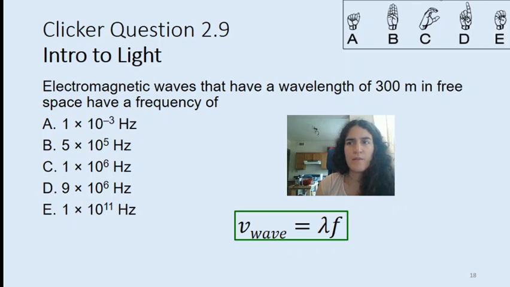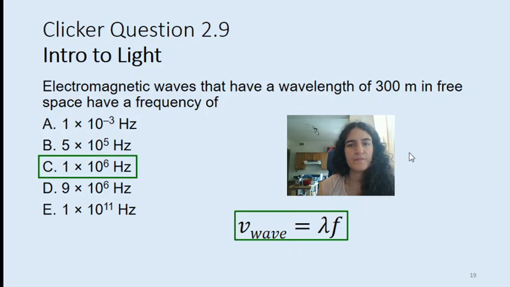There we go. Sorry about that. So how could I calculate frequency? I would do 3 times 10 to the 8 divided by this wavelength of 300. So this is 300 times 10 to the 2. So I would expect the right answer to be 10 to the 8 divided by 10 to the 2. So I think the right answer is C, right?